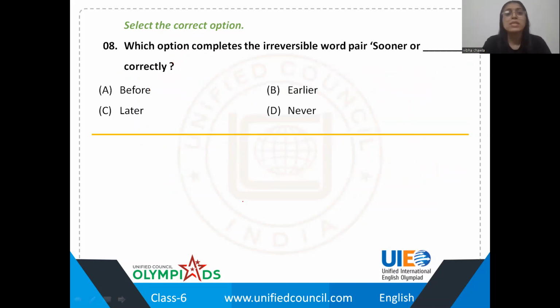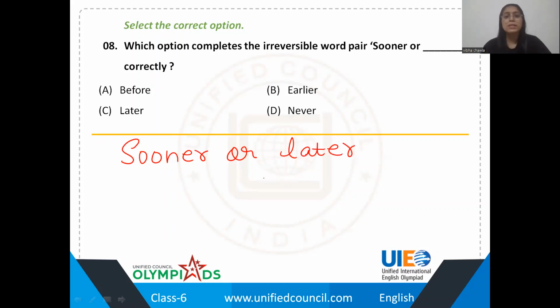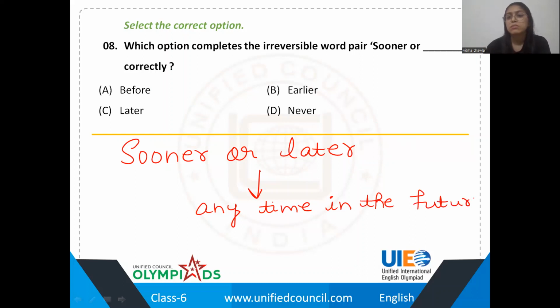Next question we have is, which option completes the irreversible word pair "sooner or blank" correctly? So you must have heard this very famous phrase, sooner or later, which means at some point in the future, or any time in the future.